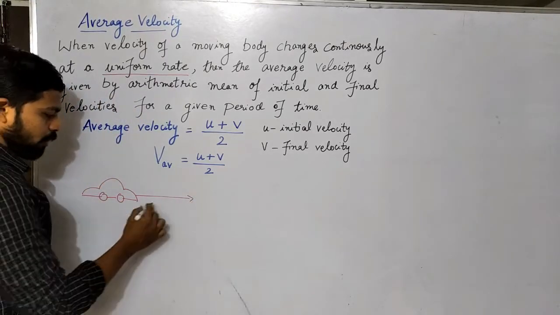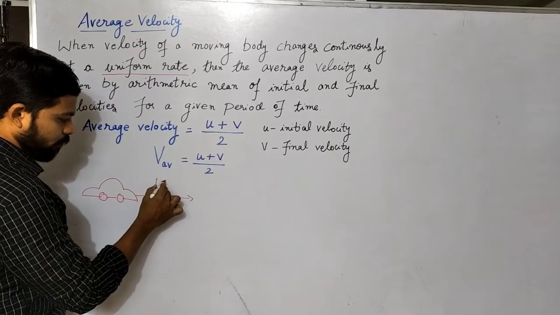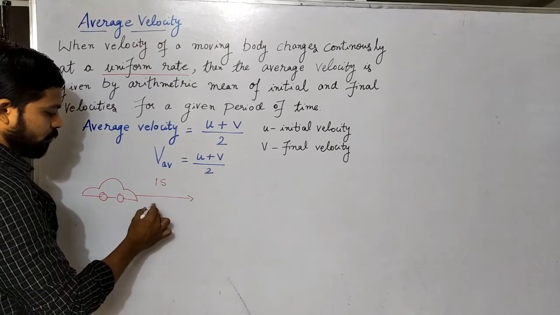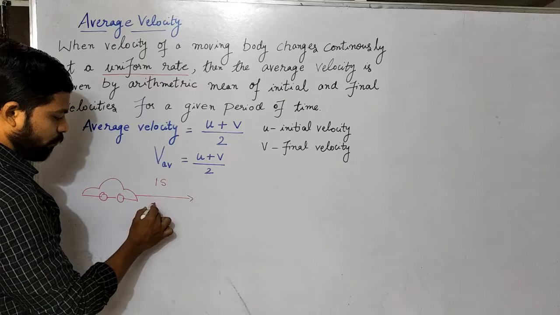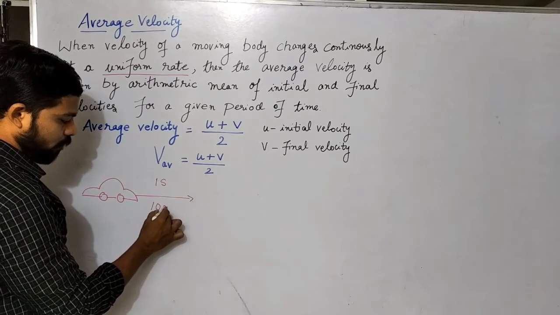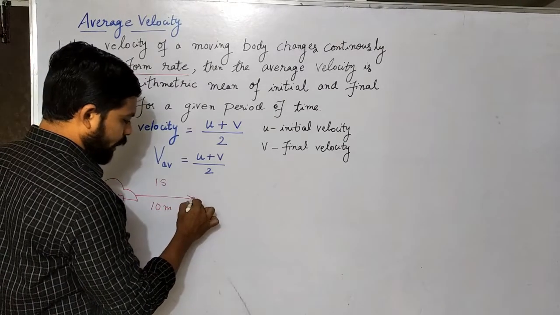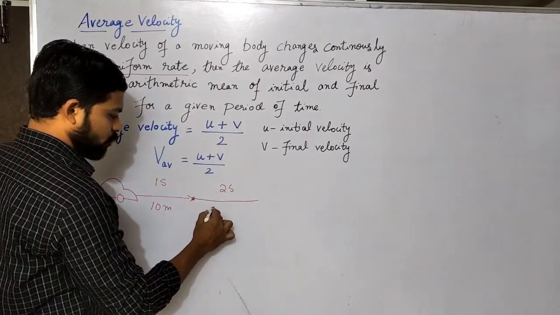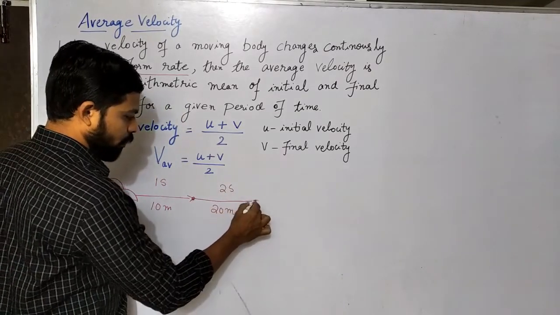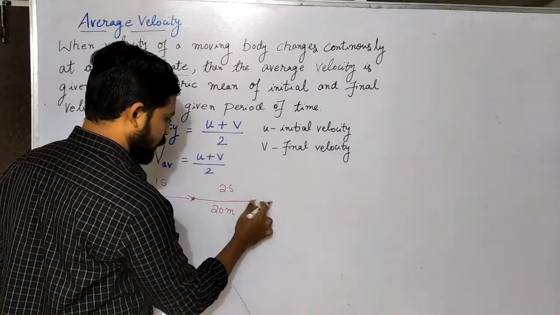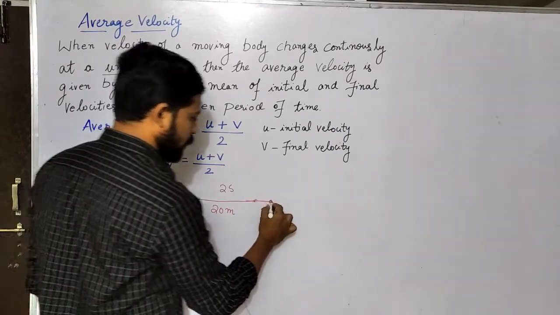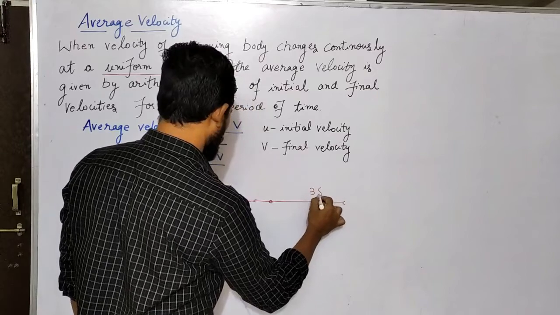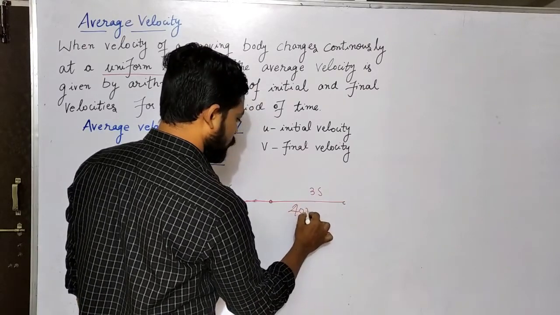For example, let us say in the first second it covered a distance of 10 meter. In the second second, it covered a distance of 20 meter. In the third second, it covered a distance of 40 meter.